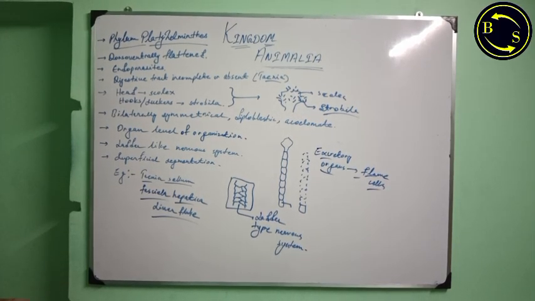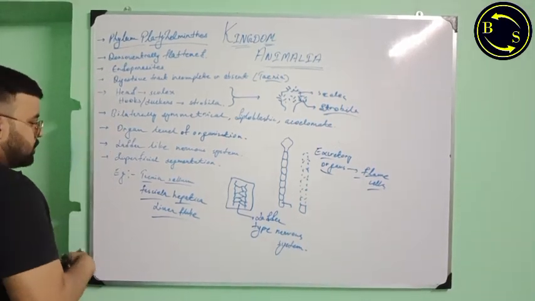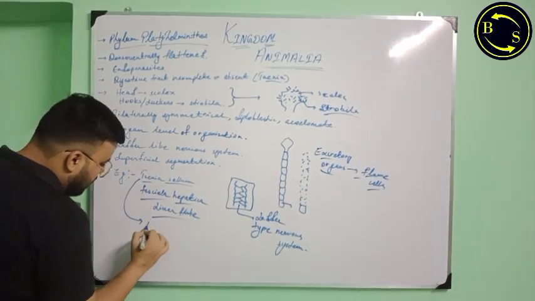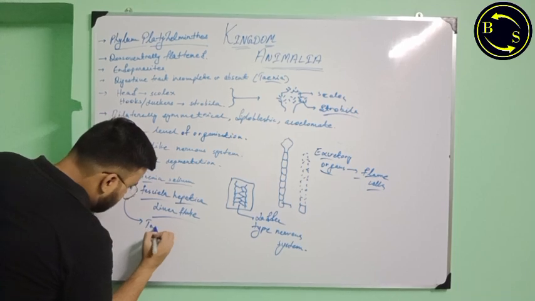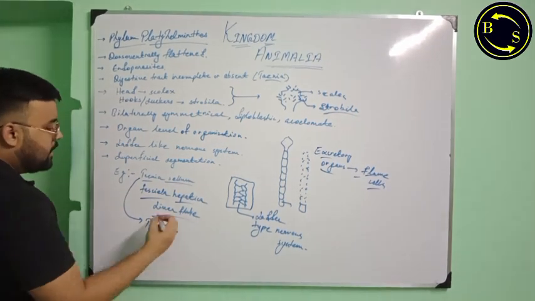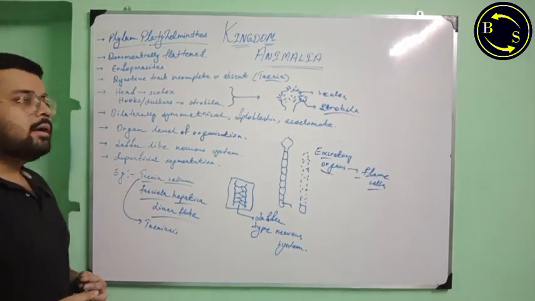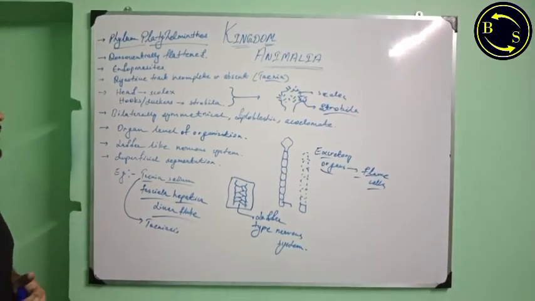And the disease these Taenia solium cause is called taeniasis, and liver fluke damages our liver. Okay, they parasitize mammalian livers.